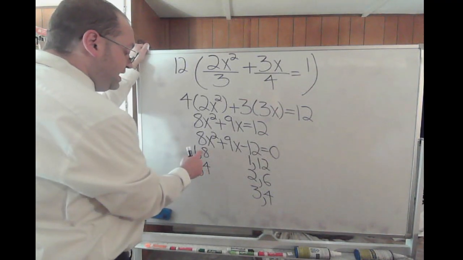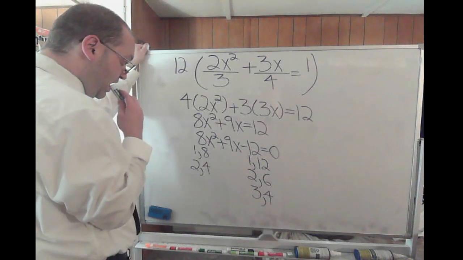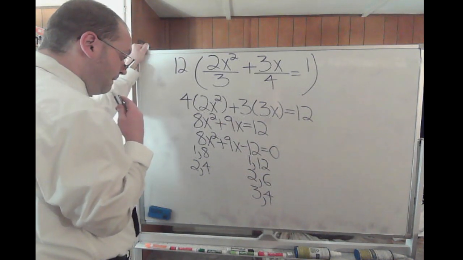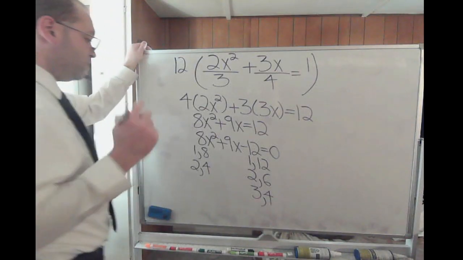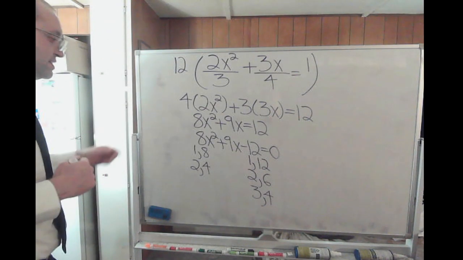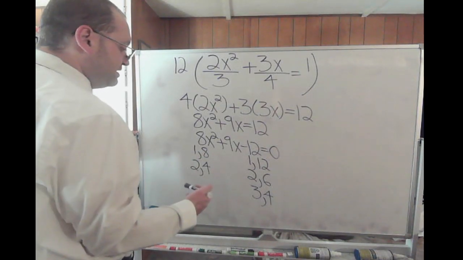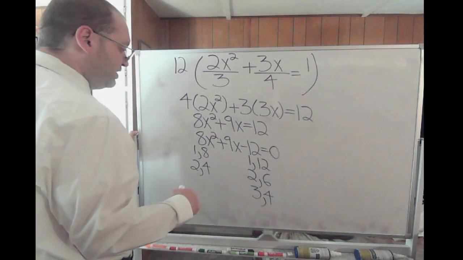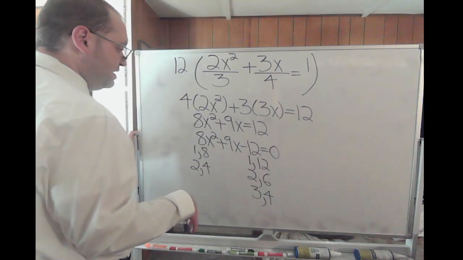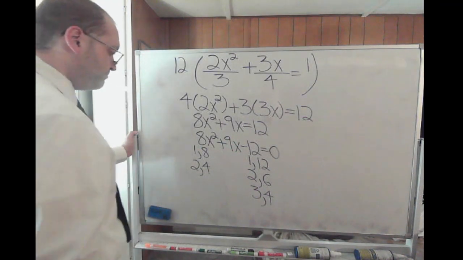How about 1 and 8 and then 1 and 12? What if that worked? No, it wouldn't work, because even with 1 and 12, you're either going to get something with 72 or something with 20. And that's not going to give you a middle coefficient of 9. That doesn't work.